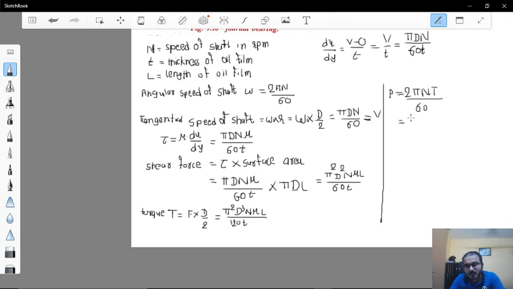That is equal to pi N upon 30 into pi square d cube mu L upon 120 t.